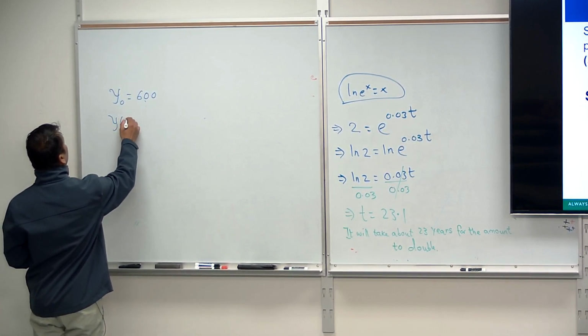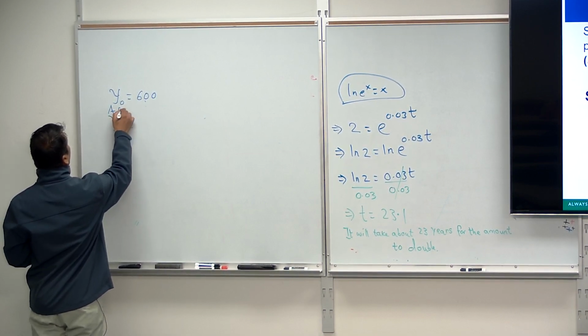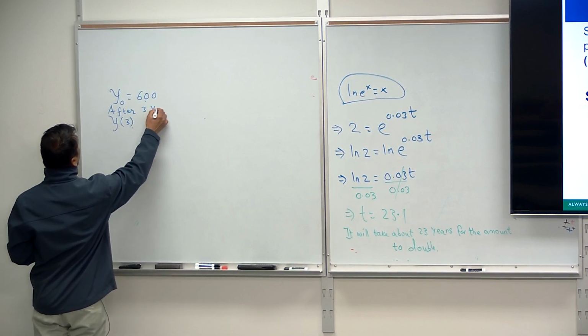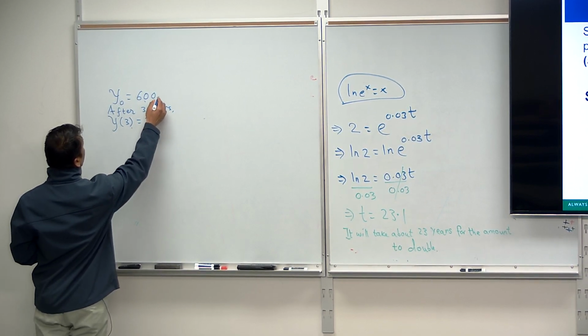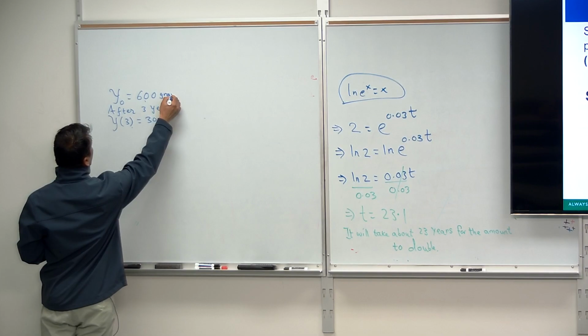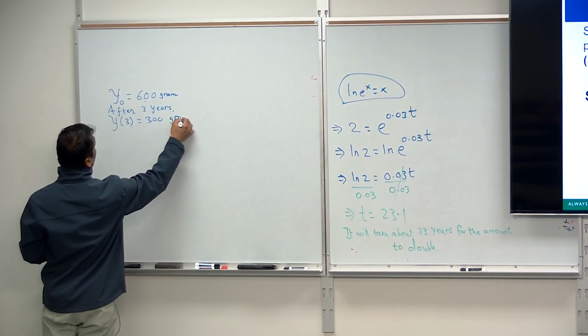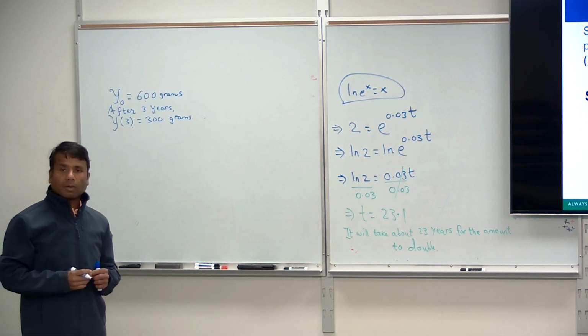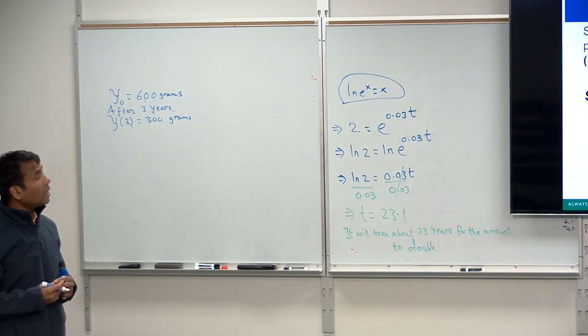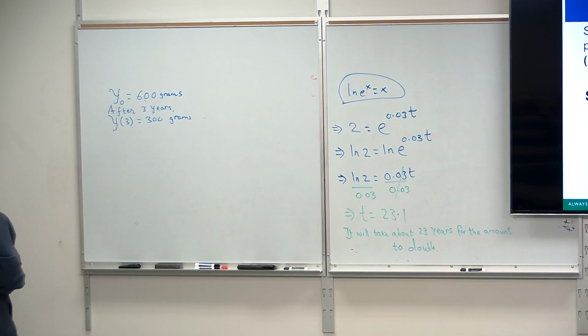So y3, after 3 years, okay? After 3 years, y3 is 300 gram. So this is 600 gram. This is 300 grams. And you need to find out the exponential equation.